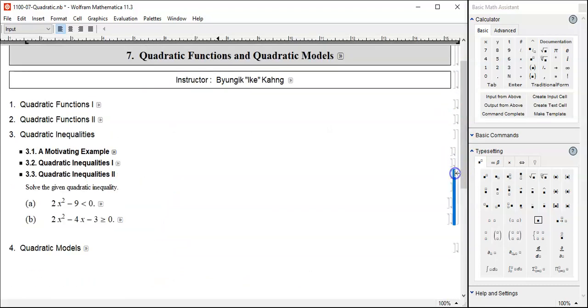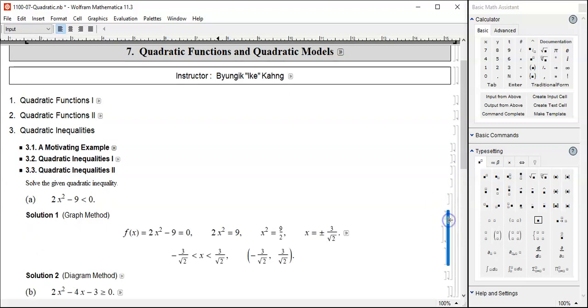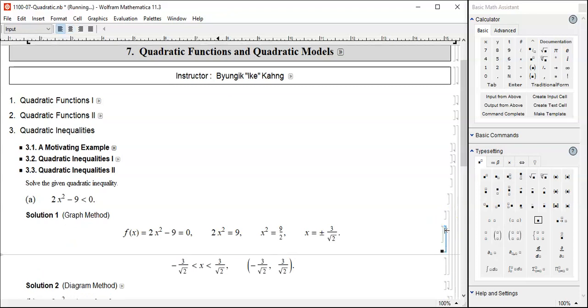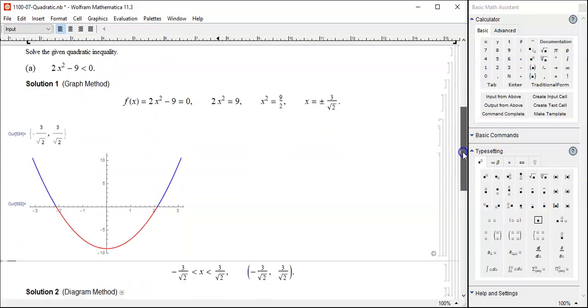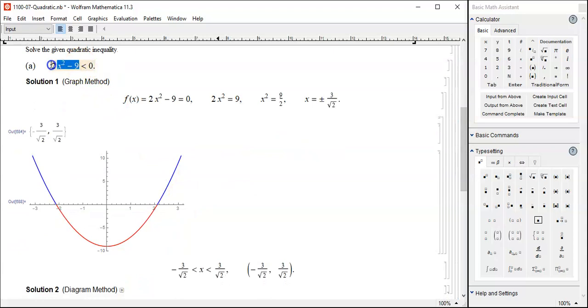Now what if we cannot factor very well? Still, you can use the graph method. Just graph it. And then I want this thing to be less than 0, so y-coordinate is less than 0, we want this part.